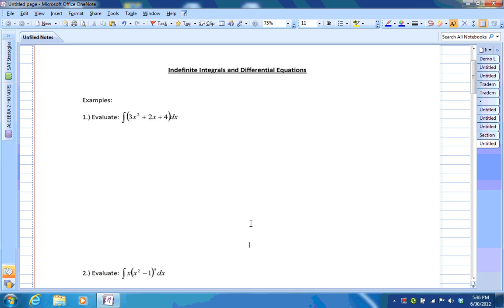Now number 1's a pretty basic indefinite integral because you're asked to find the integral of a polynomial function. And remember that when you take the integral or the antiderivative, it's kind of the opposite of the power rule for derivatives.